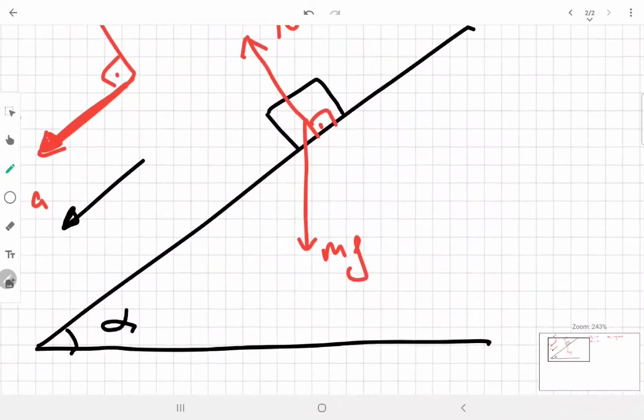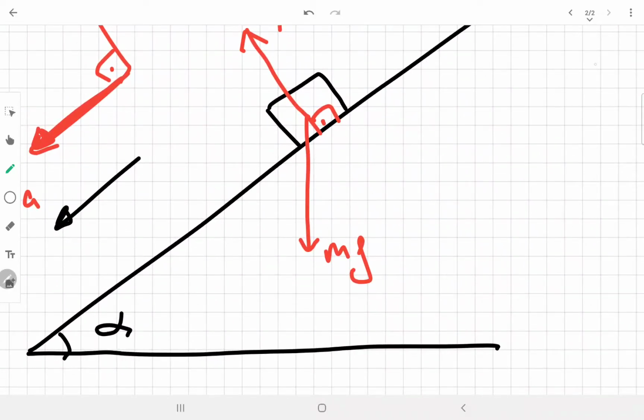So let me zoom it. Let me use different color. So let's pay attention to this triangle. 90 degree. This part is 90 minus alpha. So this is the y component for the weight, because this is y direction, this is x direction, and this part is 90 degrees as you see.